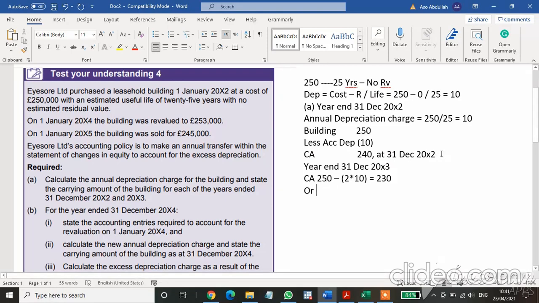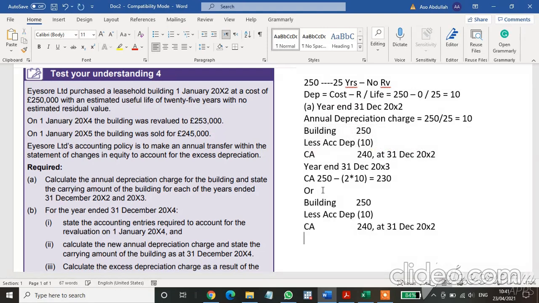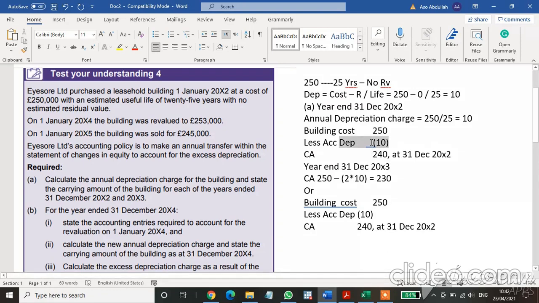Or just like here, with accumulated depreciation, we can say the building cost is 250, that's what we paid.